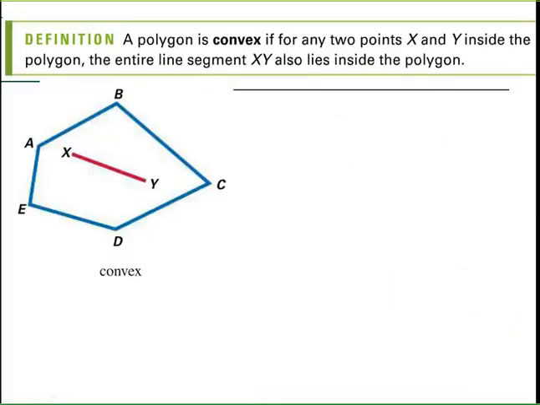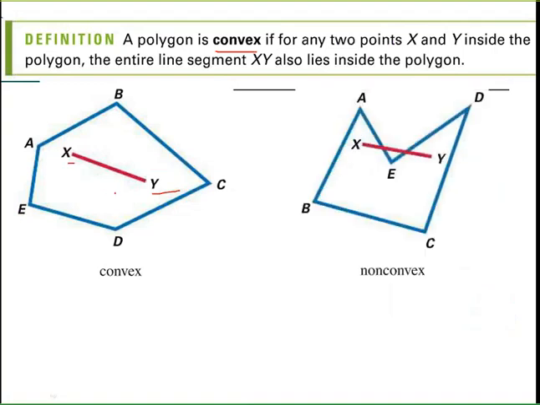A polygon is convex, here's another definition, if any 2 points, x and y, are inside the polygon, then the entire line segment xy also lies inside the polygon. It probably doesn't make enough sense to look at the shape this way as much as it does to look at one that's not convex.